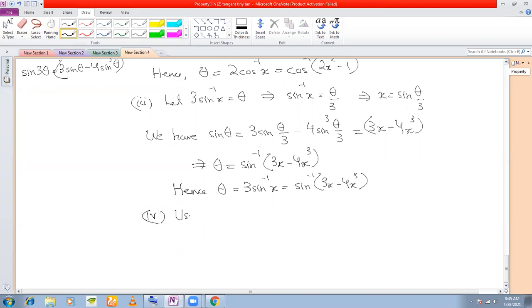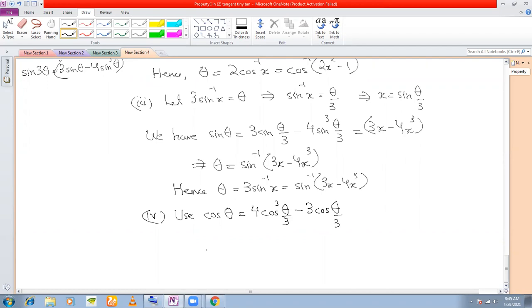So here use cos theta is equal to 4 cos cube theta by 3 minus 3 cos theta by 3. It's the triple angle formula, theta by 3, sorry. Use this and you'll be able to get the fourth result.